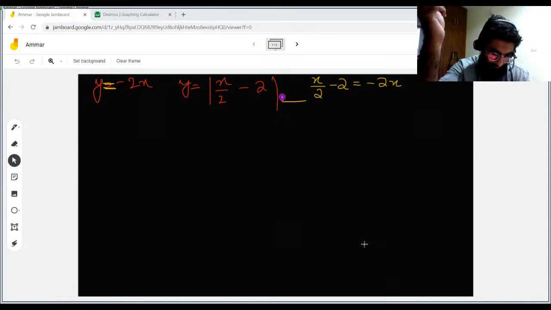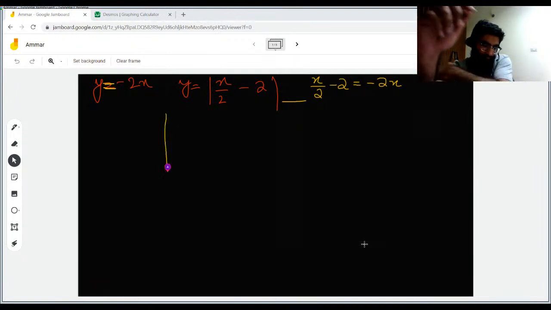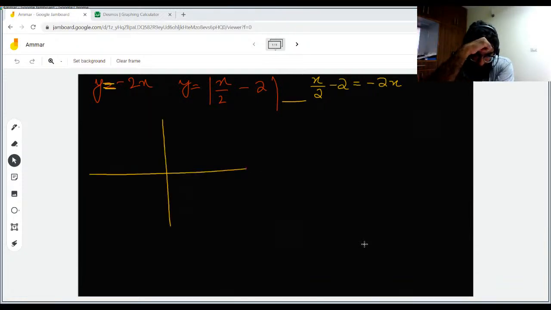So what I'm gonna do here is draw a graph. First, let's do the simpler one. Let's do y is equal to minus 2x.